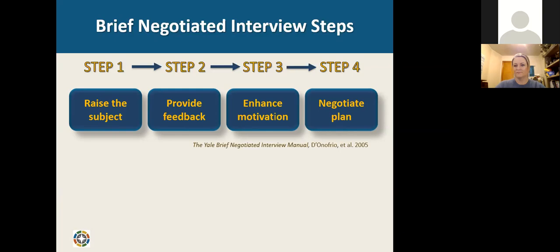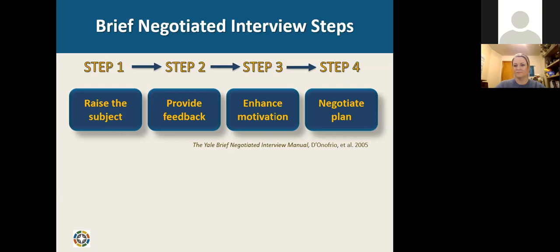Now, whether that information is validated and evidence-based, that's a whole other question, right? So we want to provide very good evidence-based feedback, resources, and information to individuals so they can make an informed decision about what substances they're putting in their body and at what frequency. So really, again, keeping this in the realm of health. We then want to move into enhancing motivation.